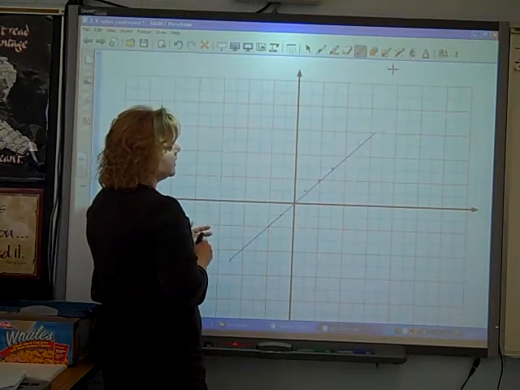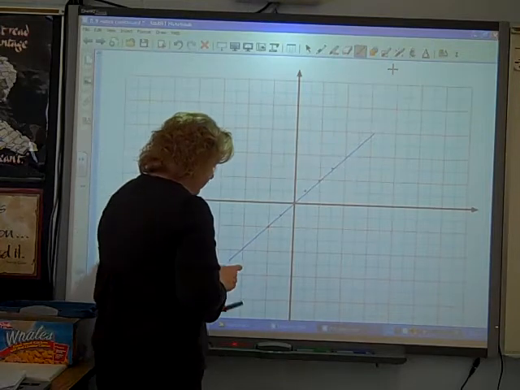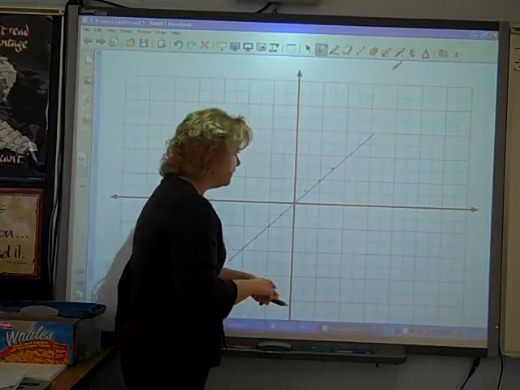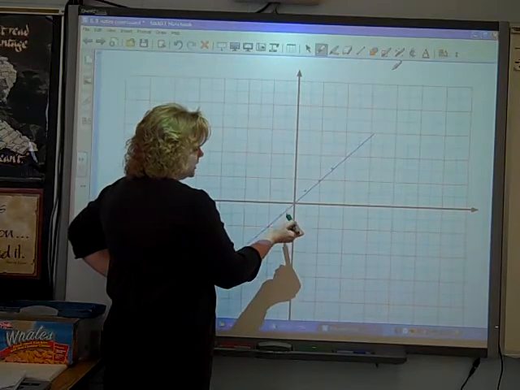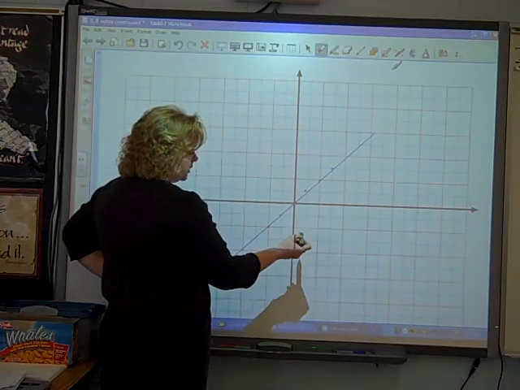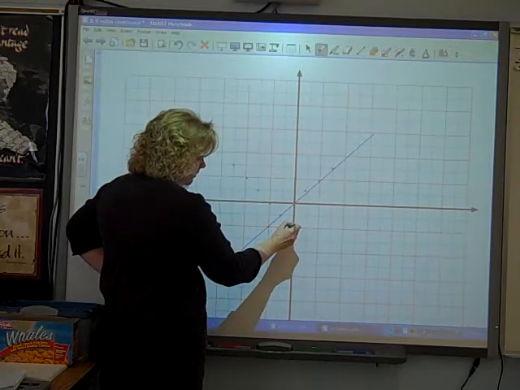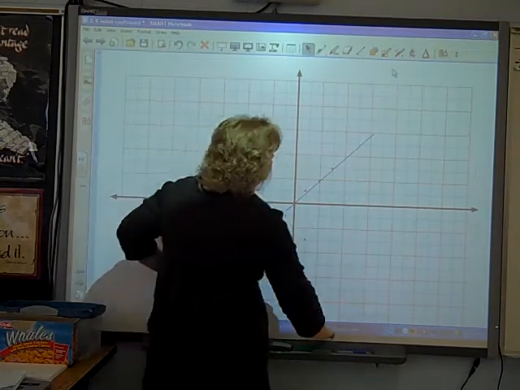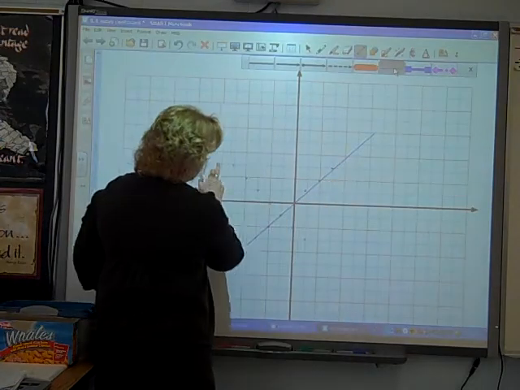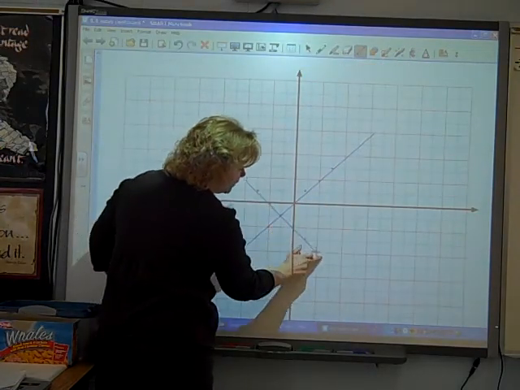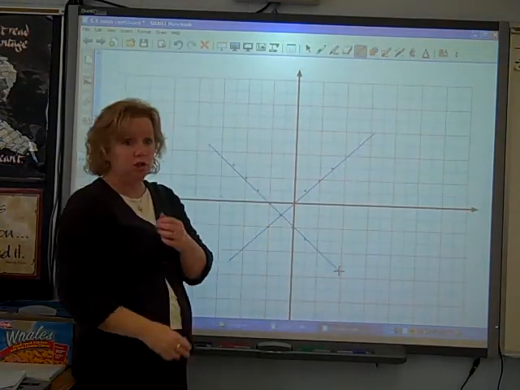Then we would graph the other line, and let's say the other line when we graphed it looked something like, and you would graph this one. And then I said to you, what would be the solution?